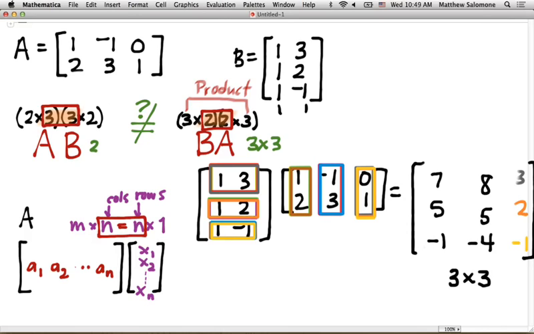AB is a 2 by 2 matrix. So even if we didn't know anything else about matrix multiplication besides how the dimensions work, we would know for sure that it's going to matter big time when we multiply matrices in an opposite order. Because even just multiplying them in the opposite order in this example gives us matrix products that have different size. And so we can't have a 2 by 2 matrix and a 3 by 3 matrix equal to one another.